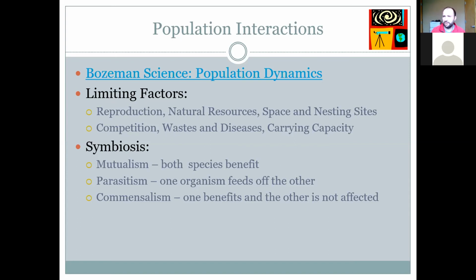If I think of a good example tomorrow, I'll bring it up. But those would be the three different categories of symbiosis, where you have animals interacting with one another. Mutualism, they're both benefiting. Parasitism, one's benefiting, one's being harmed. And commensalism, one's benefiting and the other is unaffected.